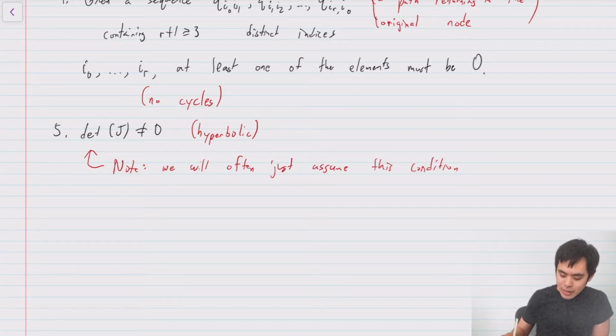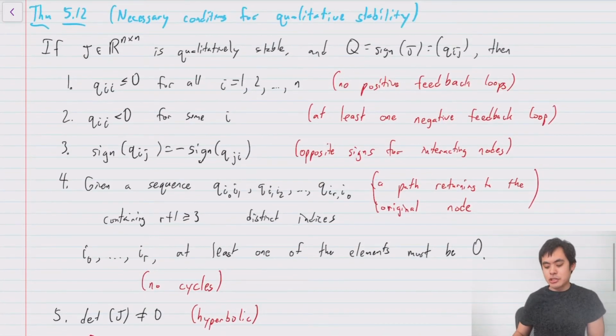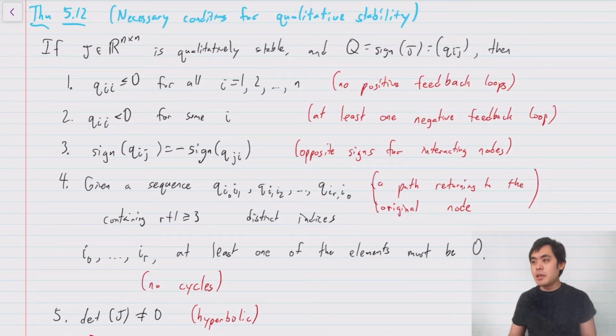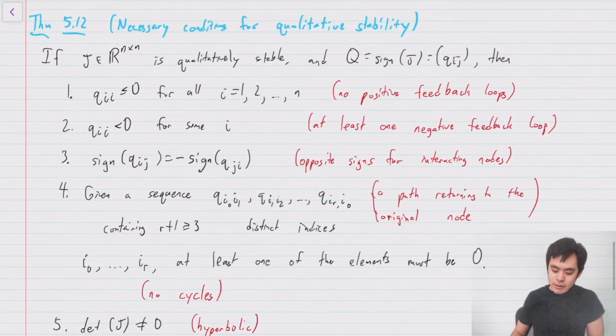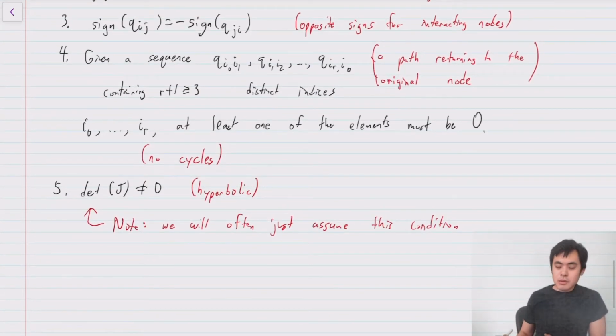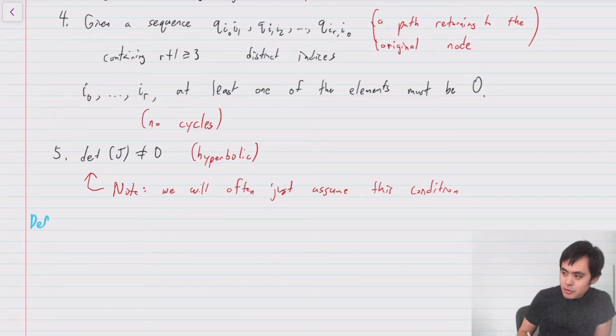Okay, so now that we have that, these are necessary conditions. So if it is qualitatively stable, then all these conditions must be true. Let's also give a sufficient condition, which is going to be a little bit complicated to define, so I'm going to have to give a couple definitions first.